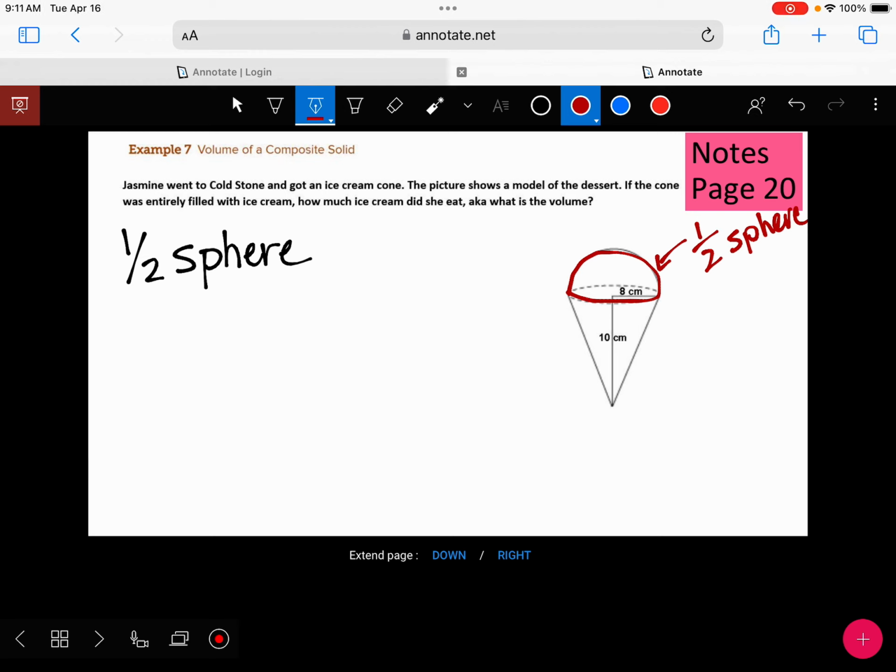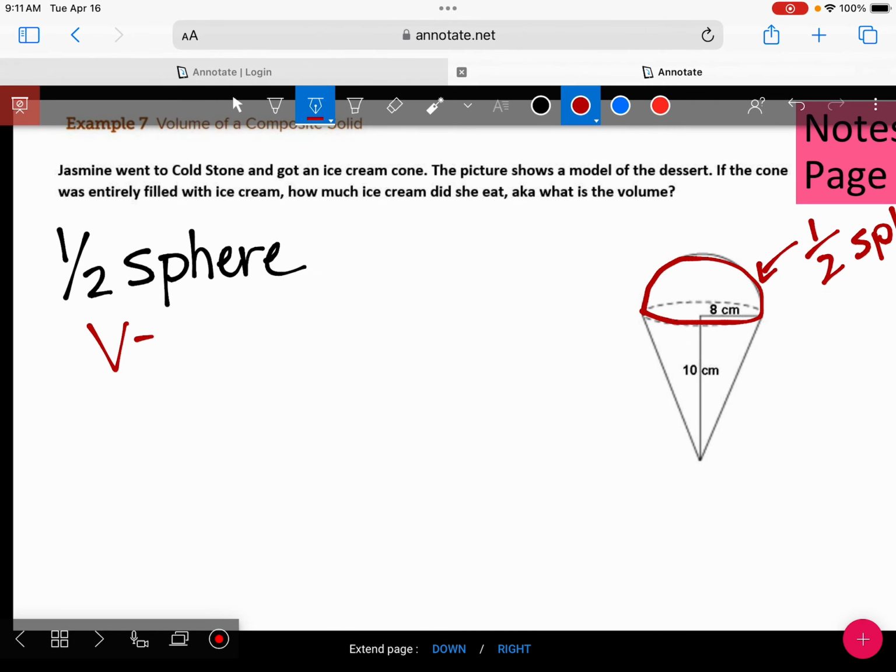In your notes from yesterday, the volume of a sphere is 4 pi r cubed over 3. But because it's half of a sphere, whatever we get, we're going to divide it by 2.